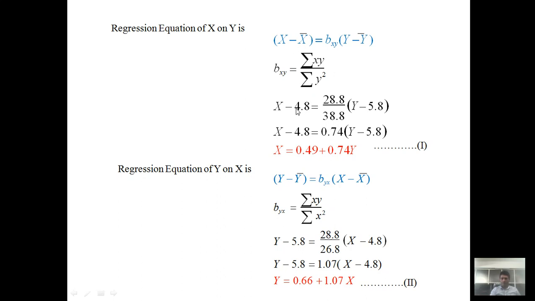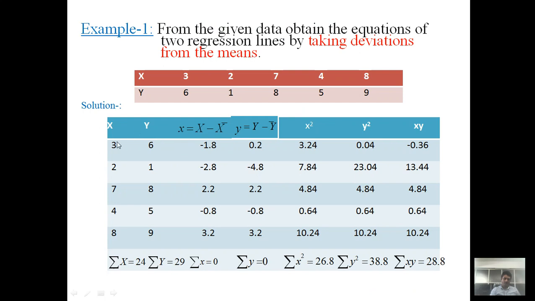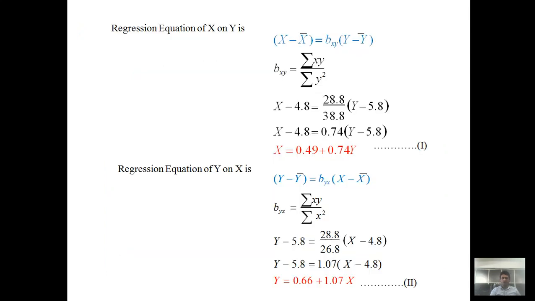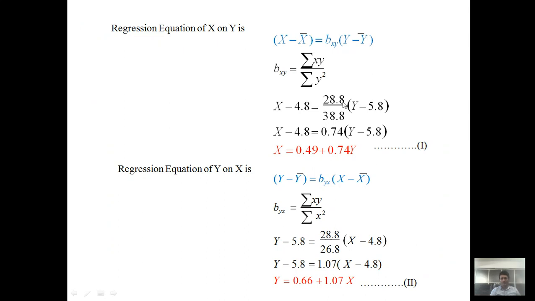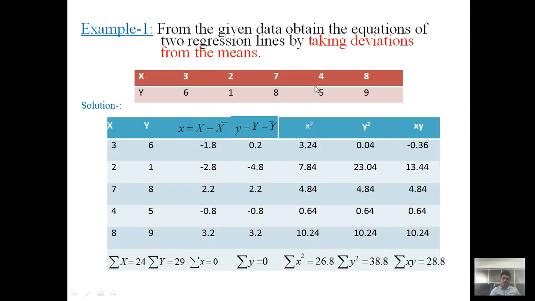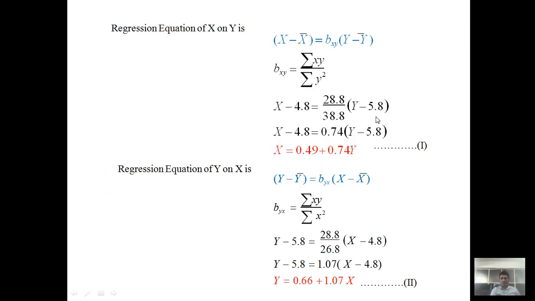Now x bar is 4.8, which is just the sum of all the data divided by n, that is 5. So the mean is 4.8 and the value of y bar is 5.8. Now sum of xy is 28.8, so the numerator is 28.8. The denominator, sum of y square, is 38.8.